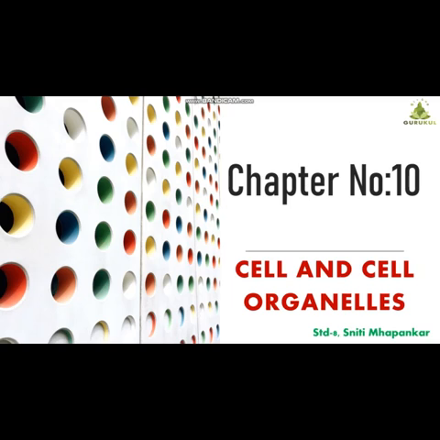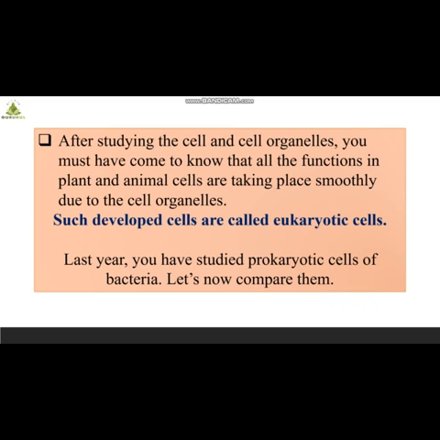We're learning chapter number 10, cell and cell organelles. Students, after studying the cell and cell organelles, you must have come to know that all the functions in plant and animal cells take place smoothly in harmony because of cell organelles, which are very well defined and specific, and have their own function to carry out in the cell.